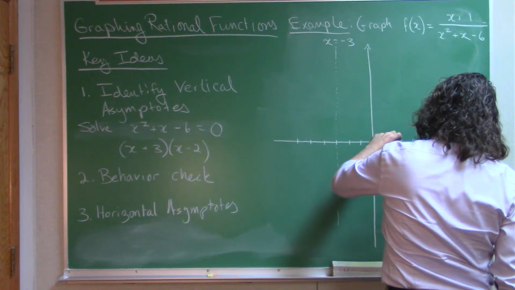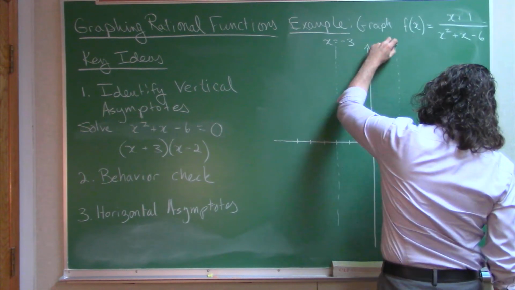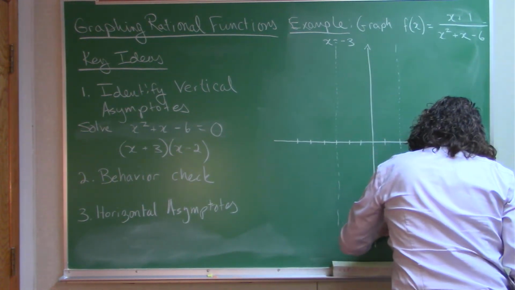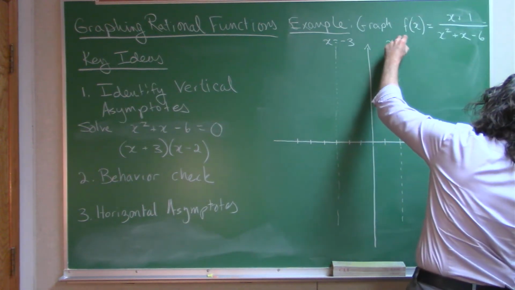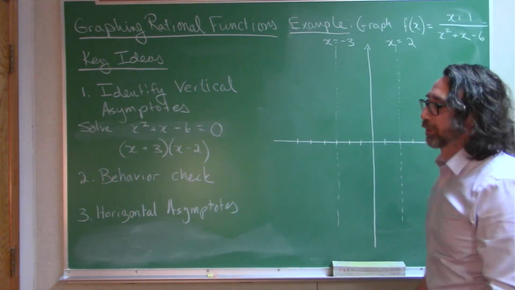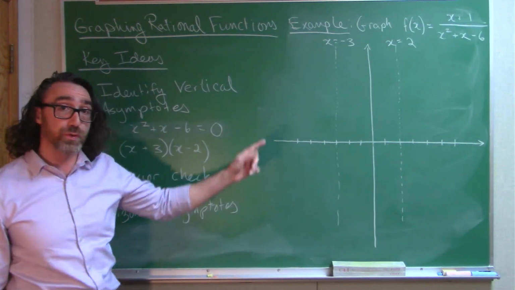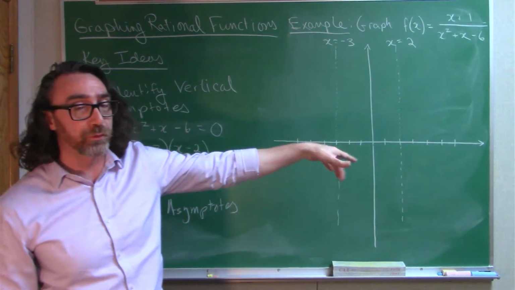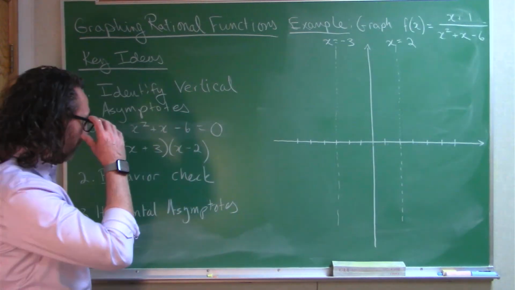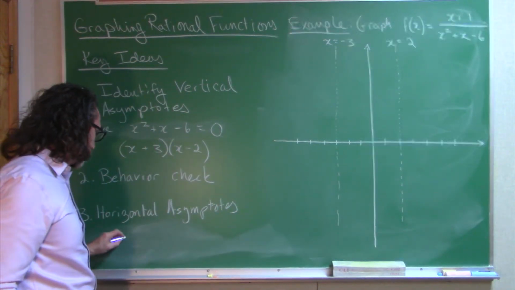I'll have another dashed vertical line here at x equals 2. So for a complete graph of these rational functions, we want the asymptotes drawn in there on the picture. We also want them labeled. This is a pretty easy one, so I'll do this right away.